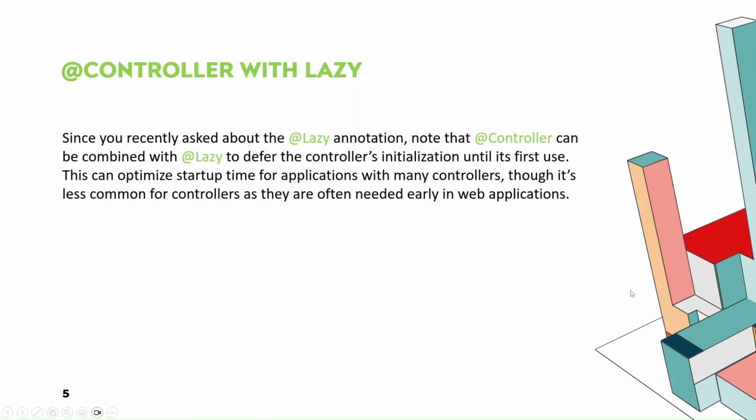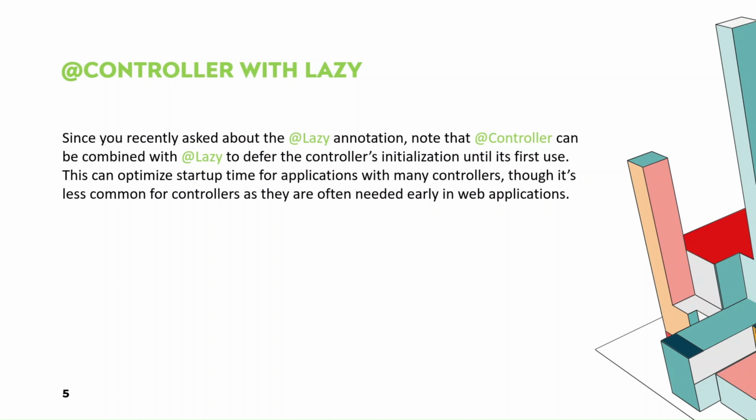Now look at the controller with the lazy annotation. If you do not put lazy for a class with the controller annotation, Spring is going to load this particular class as a controller and create beans, and those beans will be available in the Spring Boot cache. Sometimes we don't want to load our controllers whenever Spring Boot starts.